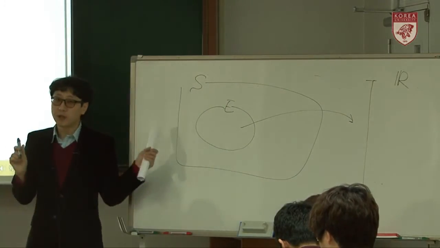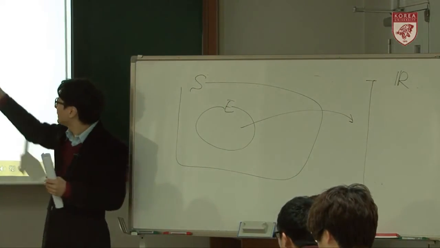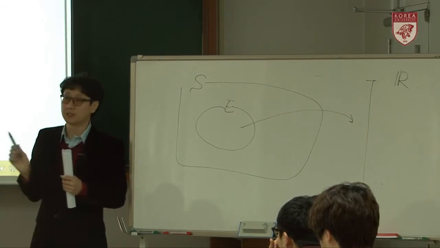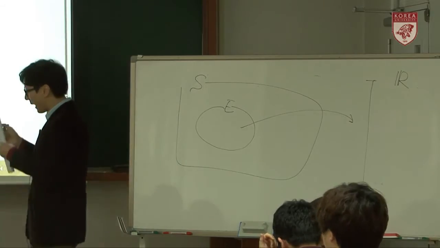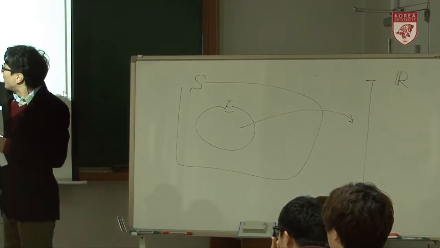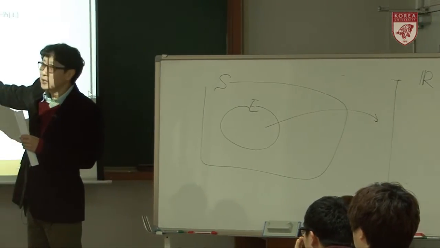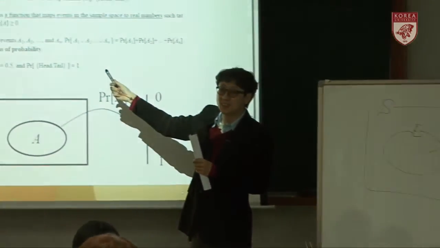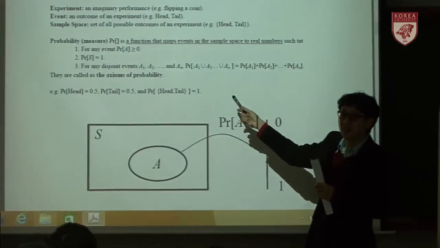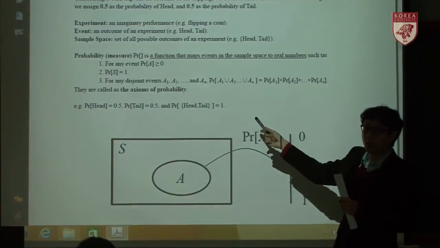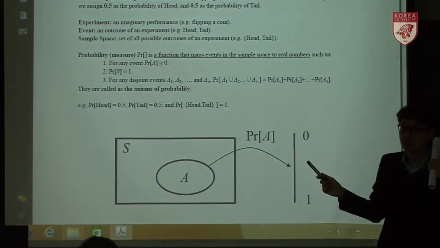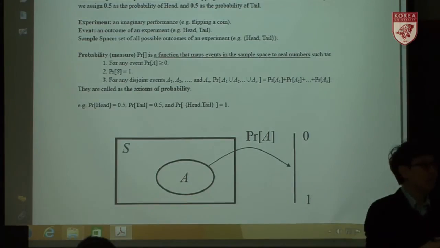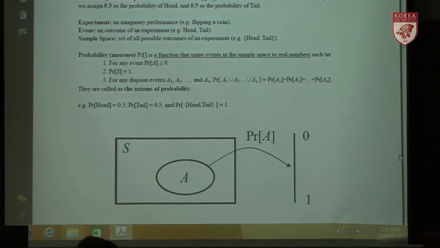But this function should satisfy three properties. First property: for any event A, the mapped real number should be non-negative. It should be larger than or equal to 0. That's the first criterion. That means the minimum value of this real number is 0.